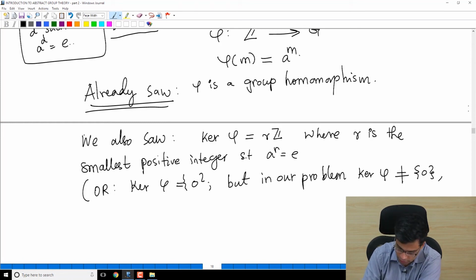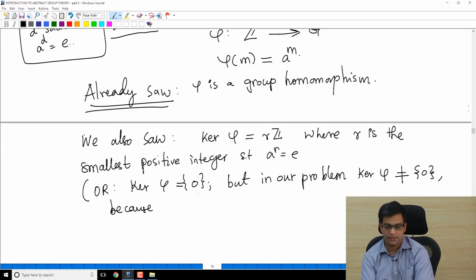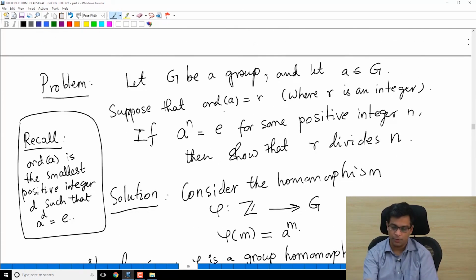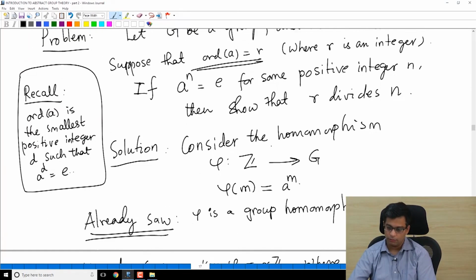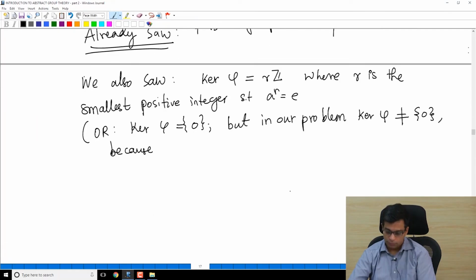I should really put it as a set, because kernel phi being 0 is a possibility in general, but in our problem it's not possible, because we are given that order of A is R, where R is a positive integer. Order has to be either 0 or positive integer always, and in this problem we are given that order is a positive integer.